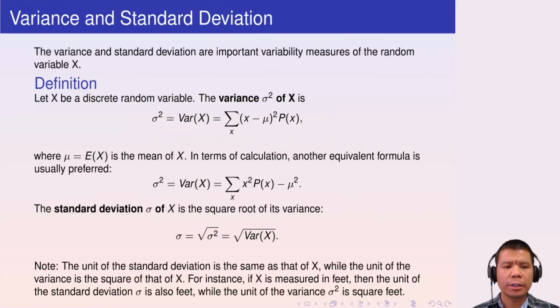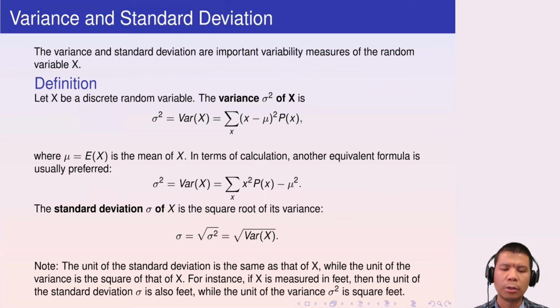Now, another concept we want to talk about is variance and standard deviation. For any random variable, one interesting fact is about the theoretical mean, like we just discussed. The average is a long run average, like the oil price. Currently the oil price is pretty high, right?